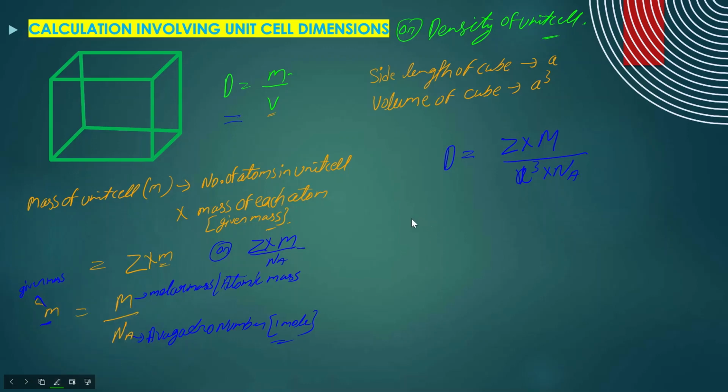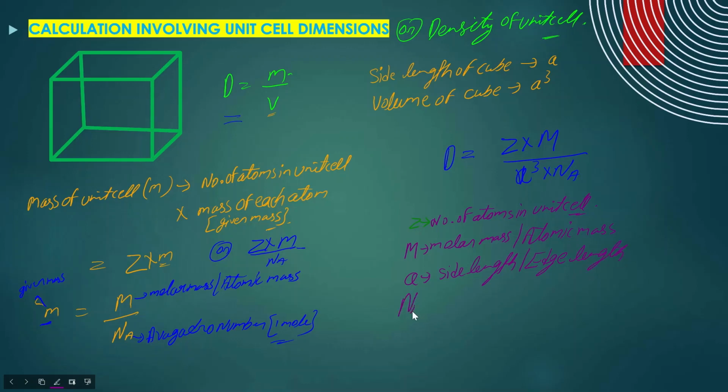Now here Z is the number of atoms in unit cell, m is molar mass or atomic mass. Here A is side length or edge length.